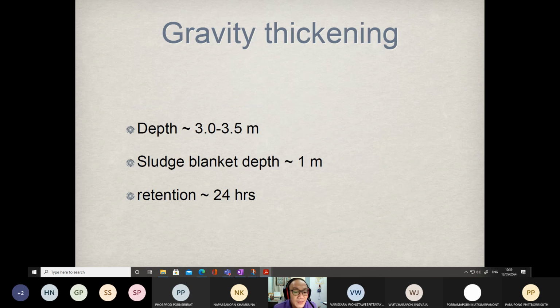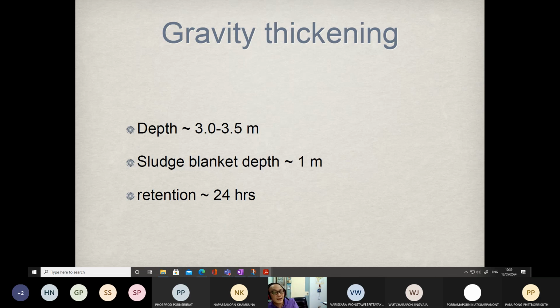For gravity thickening, the depth should be between 3 and 3.5 meters. The sludge blanket depth should be maintained at around 1 meter. The retention time should be approximately 24 hours, especially this last one.